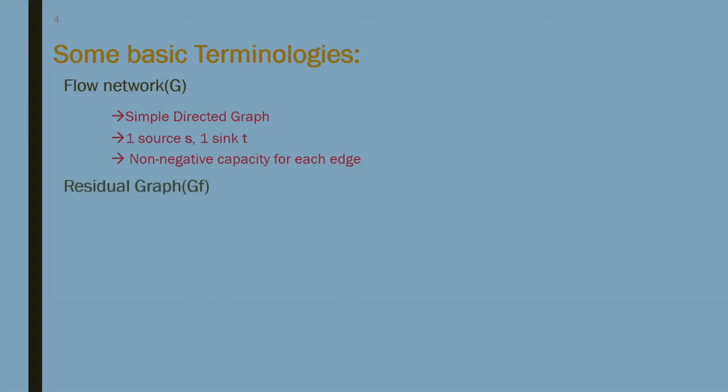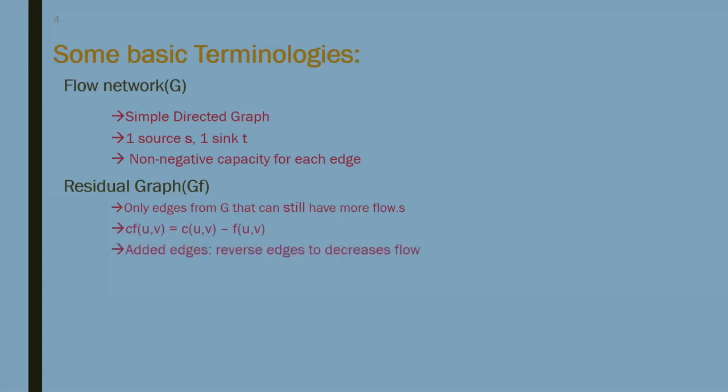We will also be making a residual graph in which the only edges shared with the flow network are those whose flow can still be increased. The capacity of an edge in the residual graph is equal to the capacity of the same edge in the flow network minus the flow going through it.